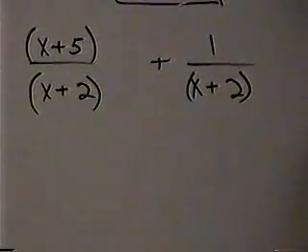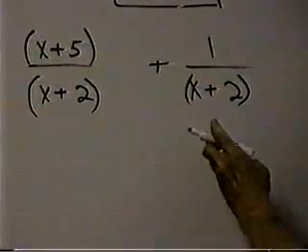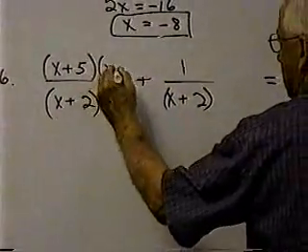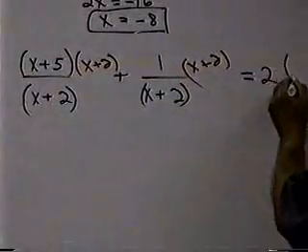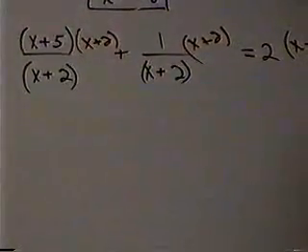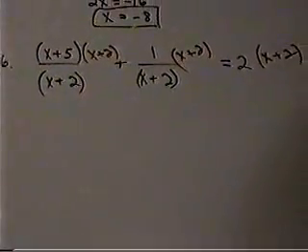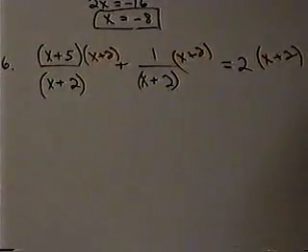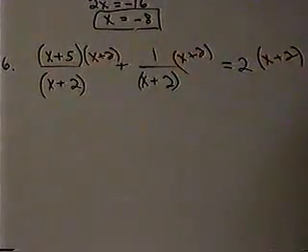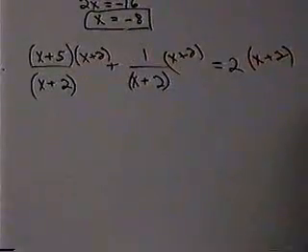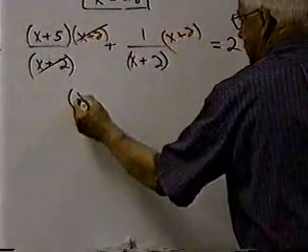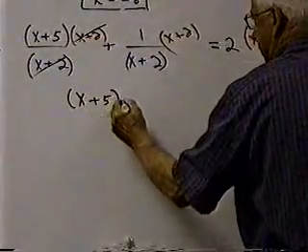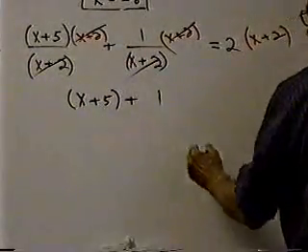Well, the denominators here are 1 and x plus 2, so we'll multiply everything by x plus 2, everything by x plus 2, everything by x plus 2. All right, then we divide out. This divides out and leaves us x plus 5. This divides out and leaves us 1.